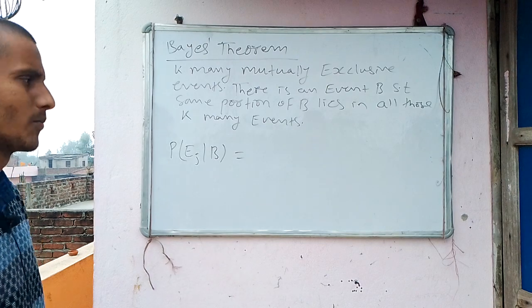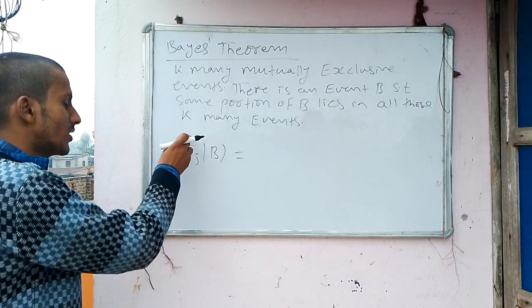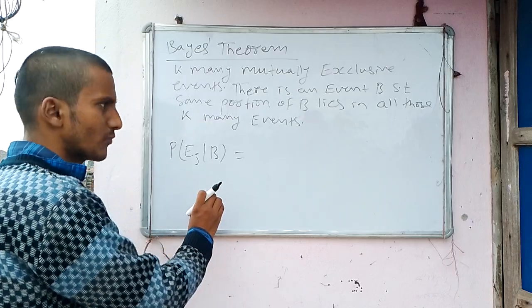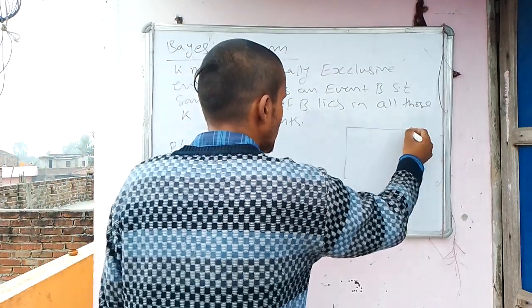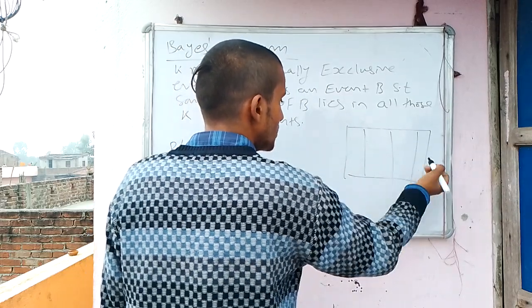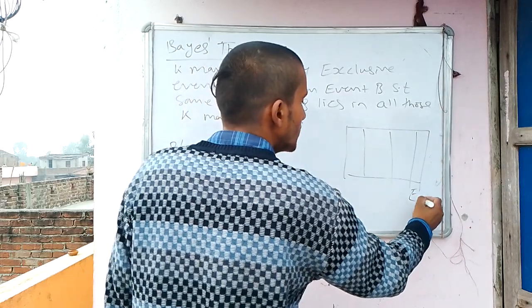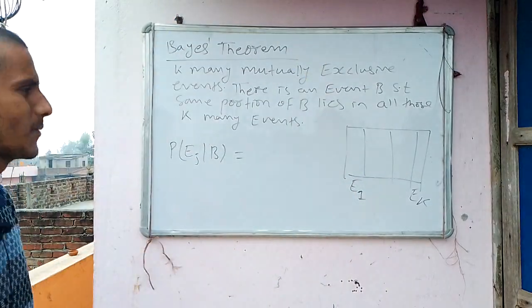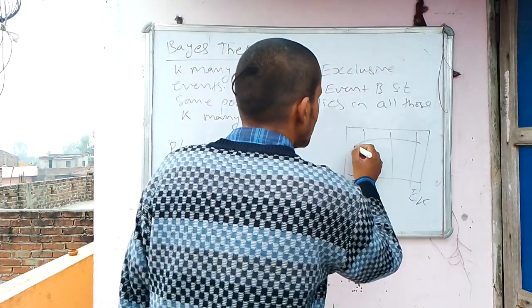So what does that mean? First of all, it means there are k many events, and in terms of a Venn diagram it might look like this. There are k many events, E1, E2 till EK, and B is there.